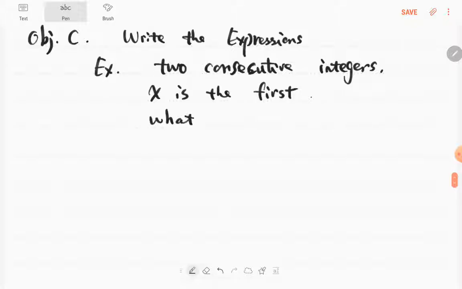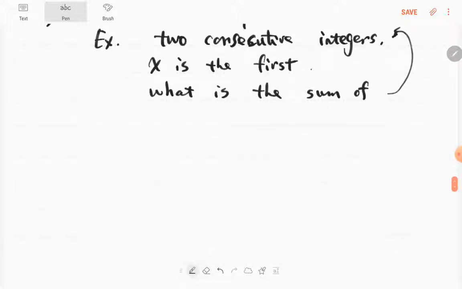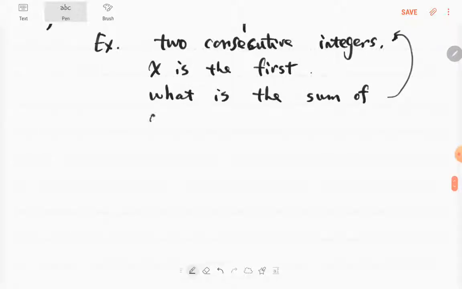What is the sum of two numbers of these two consecutive integers? So we already know x plus another number, right? And x is the first number of two consecutive integers.